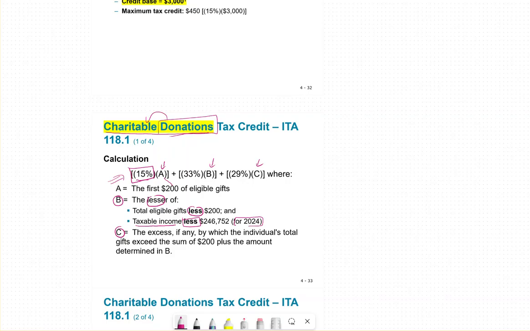Once you take the lesser of those two, that will be the number for your B. If you still donated more than that, then the excess, if any, by which the individual's total gift exceeds the sum of 200 plus the amount we calculated in B. So in B we calculate an amount, and here we had 200. Once you have these two, we add both numbers and then we minus it from our total donations, and that will be the number for your C.